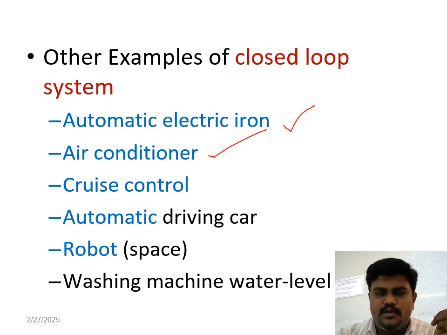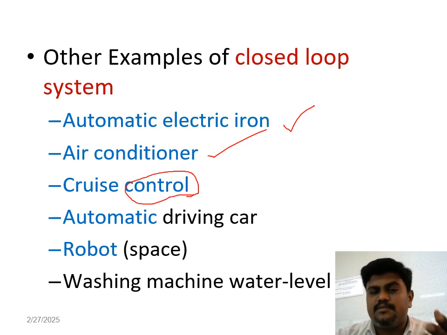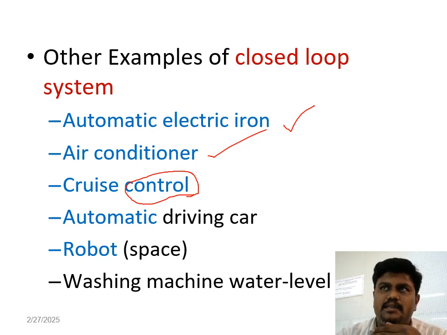And cruise control. In recent cars you can see this sort of cruise control option. You can enable it by setting some speed, for example 80. This is set for a certain period until you apply the brake next time.